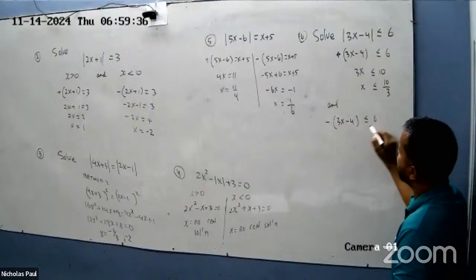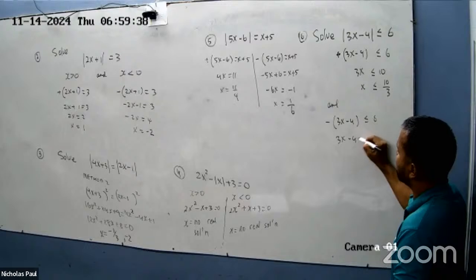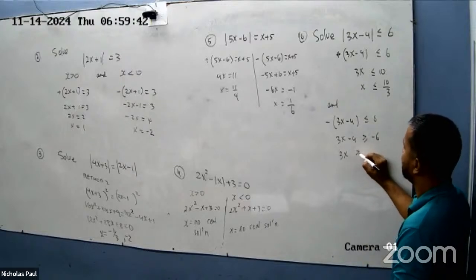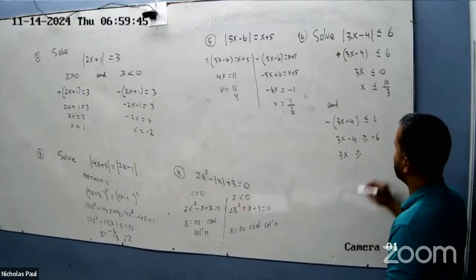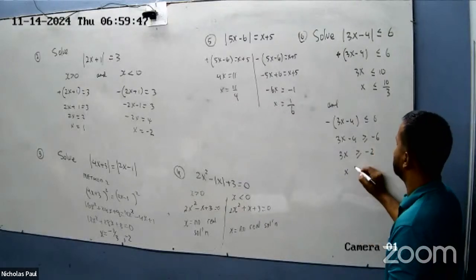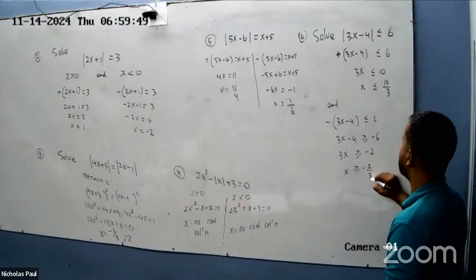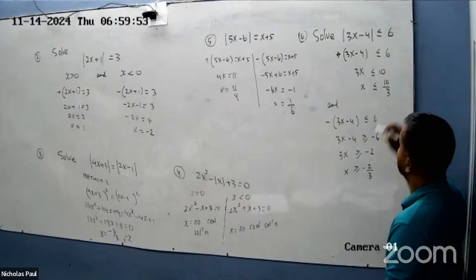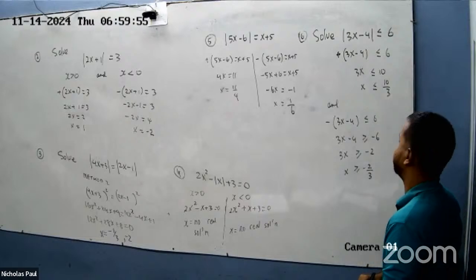If you carry the negative sign here, it becomes minus 3x minus 4 is more than or equal to minus 6. You'll get 3x is more than or equal to minus 2. X is more than or equal to minus 2 on 3. So these are our two solutions.